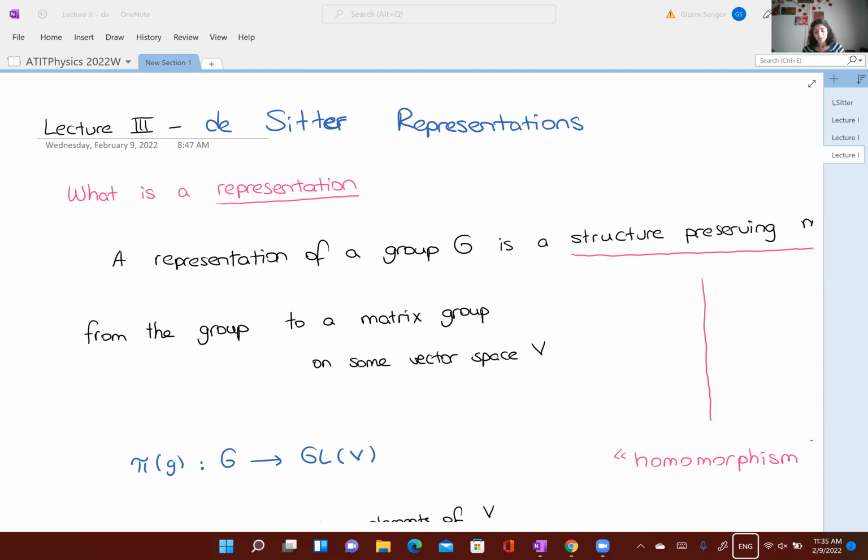So today we talk about its representations. The beginning of the lecture, or most of the main material, will be introducing to you the concept of representation and giving you general remarks about the representations of this group, SO(D+1, 1).